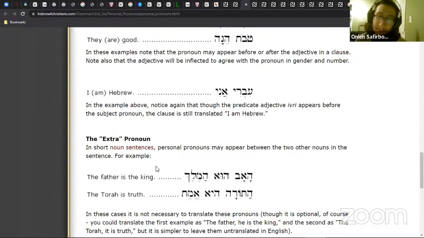Whenever you see that, usually you don't need the separate pronoun. For example, in English, if you were to say I love you, you'd have to use I every single time you want to say I love you.